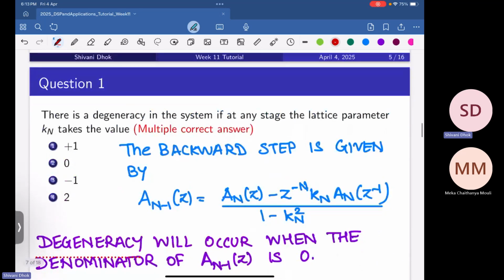So for k equal to plus 1 and k equal to minus 1, these two are our correct options, plus 1 and minus 1.